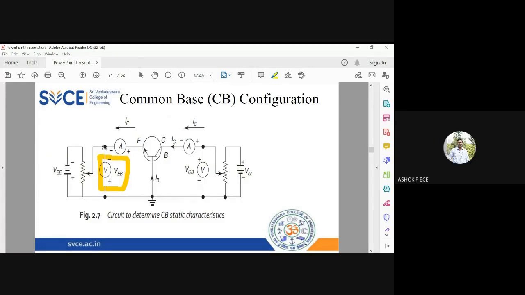Voltage means what you are measuring. I'm not asking about what you are giving. You give VEE, but what you measure is VEB, correct? The input voltage is VEB, and what is the input current? IE. So if I take the ratio of these two, I will get the value for input impedance. And whenever you do input characteristics, you will take the output voltage as constant, right? So that condition applies here also.